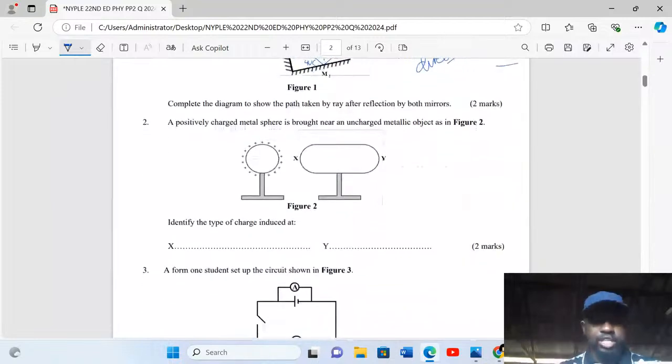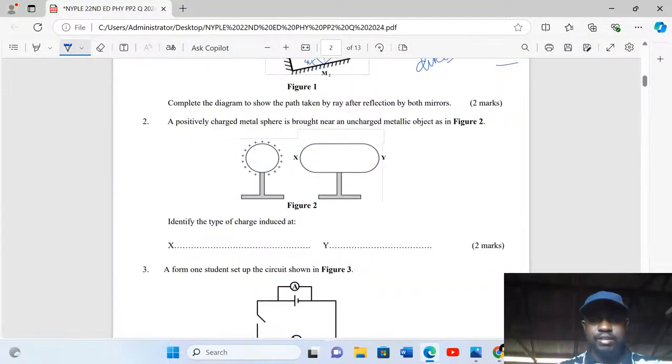A positively charged metal sphere is brought near an uncharged metallic object as shown in the figure. Then you are told to identify the charge at X and at Y. This is charging a body by induction since the two bodies have not come into contact.